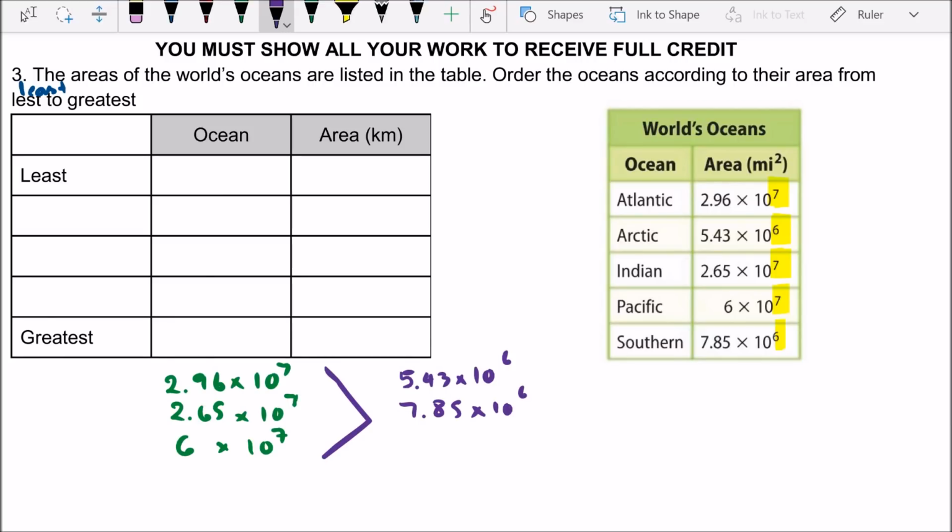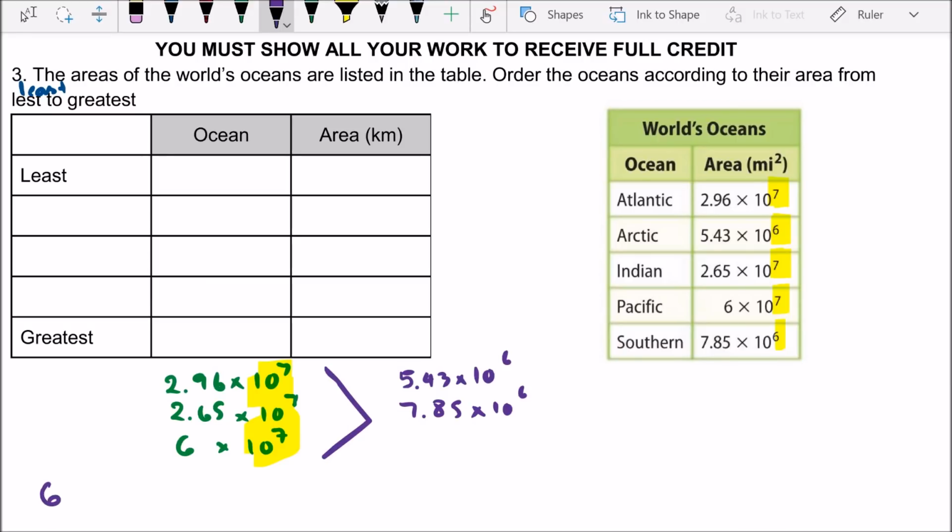Then we're going to break down each group. So for 10 to the 7, we're going to break down based on their first digit. So 2.96 is greater than 2.65, and actually 6 is the biggest number.